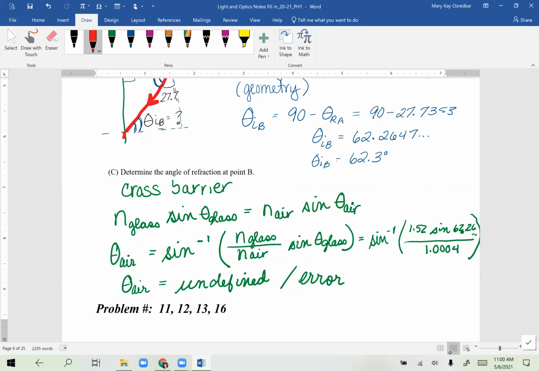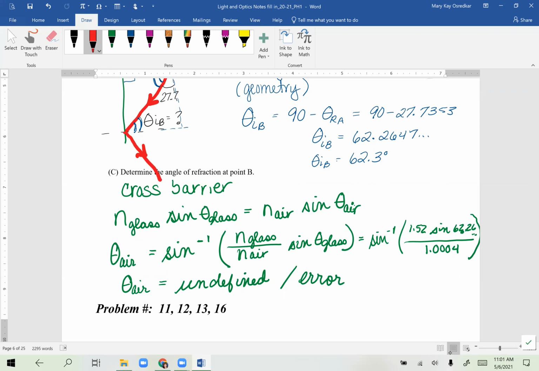So what happens is it gets to 90. Isn't that like skimming the surface? What happens if it tries to get above 90? Is it actually leaving? No, it stays inside the original material. What do we call staying inside the material? Refracting is going into the new material and changing direction.